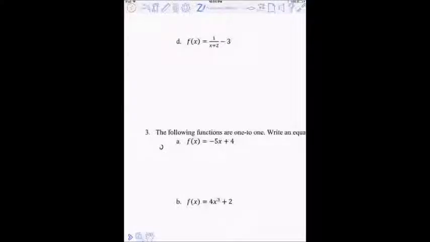Part D. This is a transformation of what's called the reciprocal function.